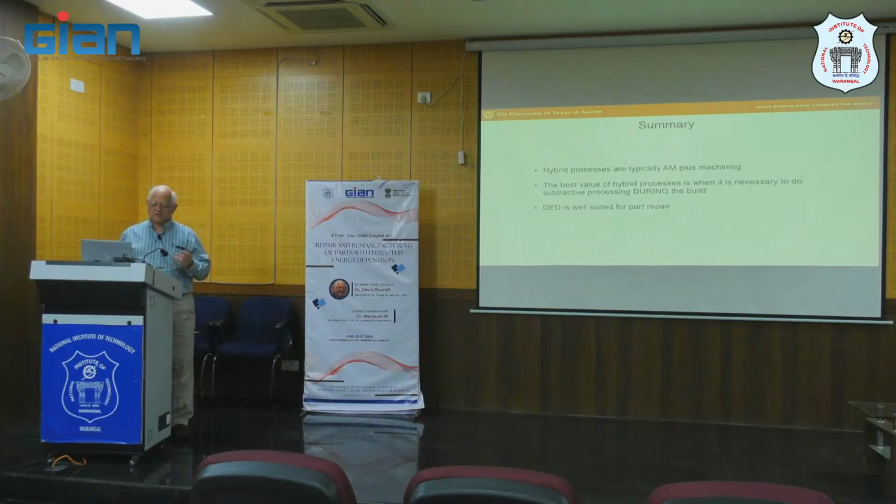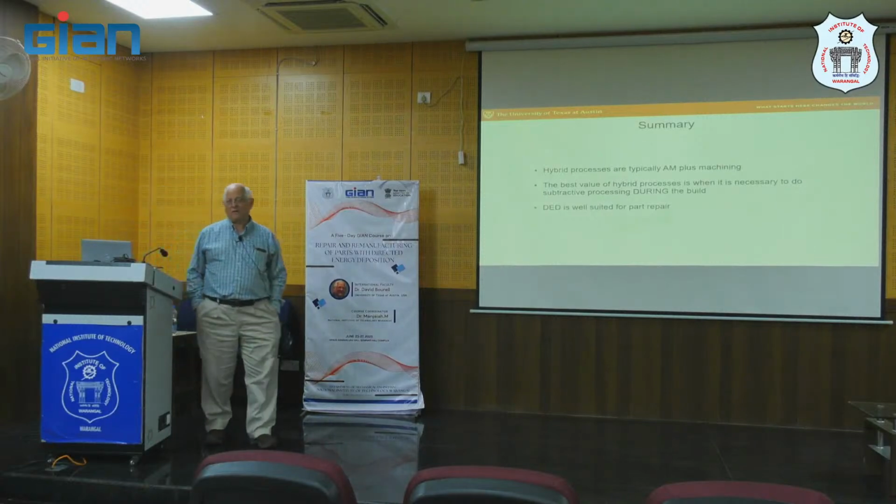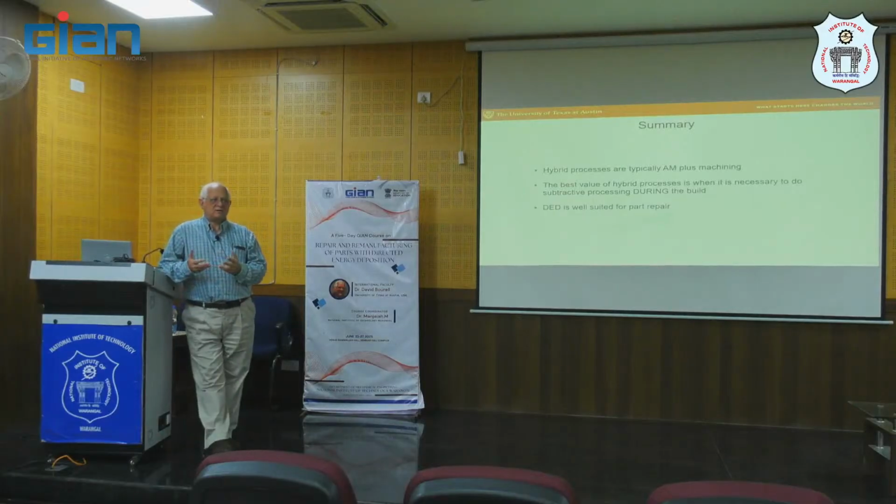And then, of course, DED, as we well know, is well suited for part repair. So we can use it in that capacity in a wide variety of materials and part applications to do repair. So I think it's a very important part of the additive manufacturing technology base that we have.